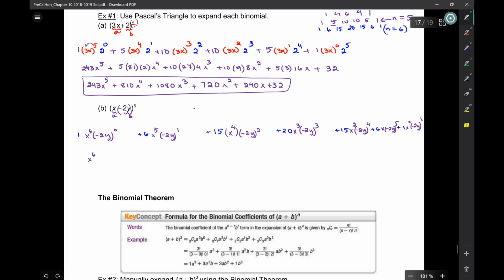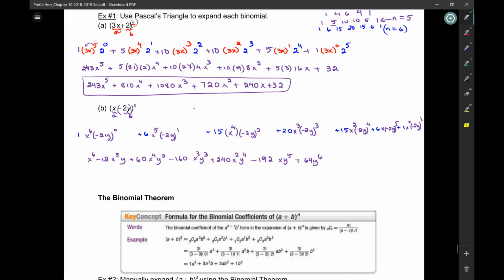We multiply them all out, we do all the math, and then in the very end I have x to the 6 minus 12x to the 5y plus 60x to the 4y squared minus 160x cubed y cubed plus 240x squared y to the 4 minus 192xy to the 5th plus 64y to the 6.